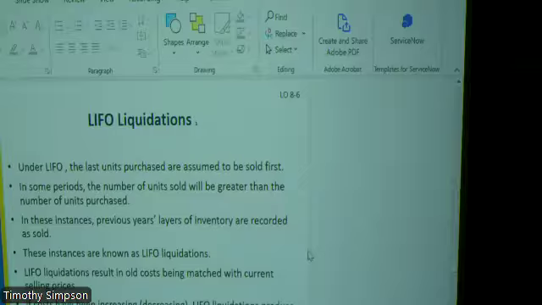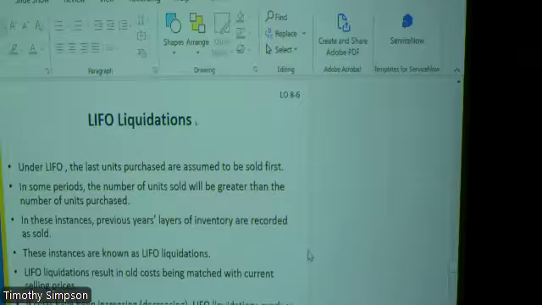Now, we try to solve that problem with what we call pools of inventory, but nonetheless, the issue still remains. You can sell out of some goods, and as you're selling out of those goods, you're actually liquidating inventory, some of which was purchased at lower prices, which means cost of goods sold is going to be lower than would have been otherwise. Net income is going to be higher, and so this is really the big issue here: what's going on with prices, right? Input prices.